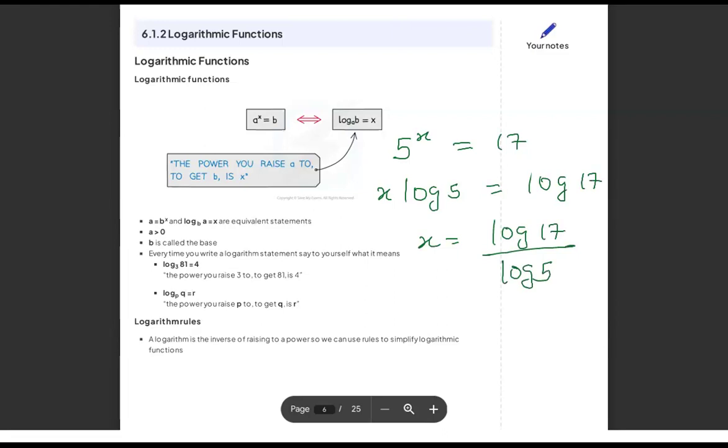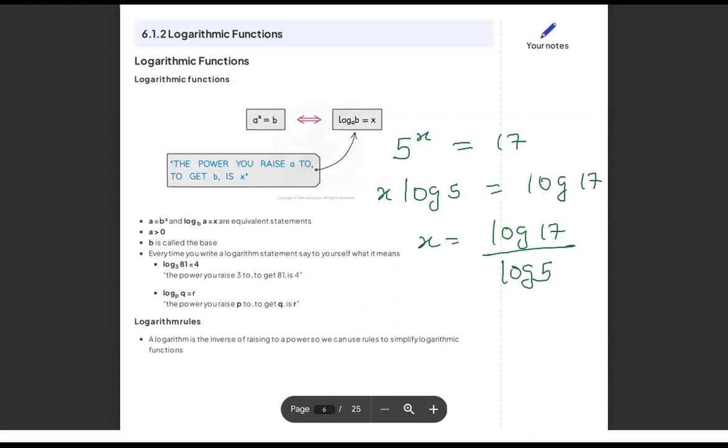So I think you need to use this on the calculator. And then if I need to find x, I can just put that in the calculator. Yeah, just put log 17 divided by log 5.